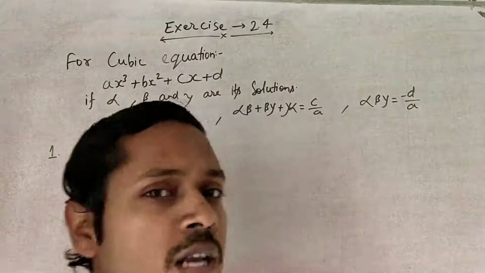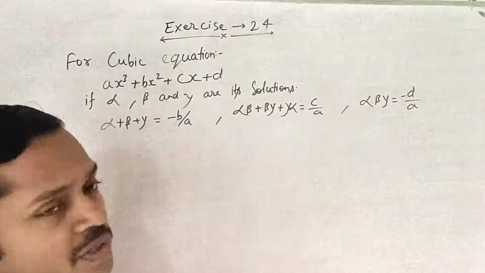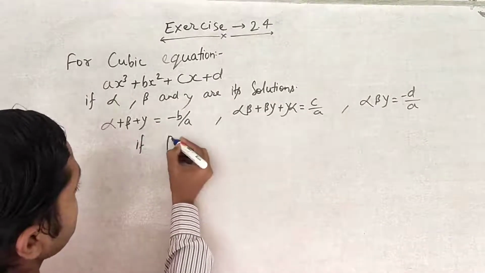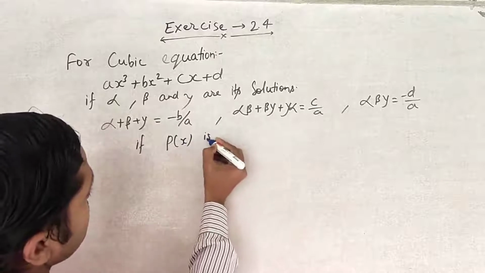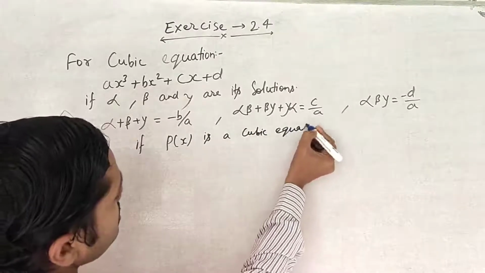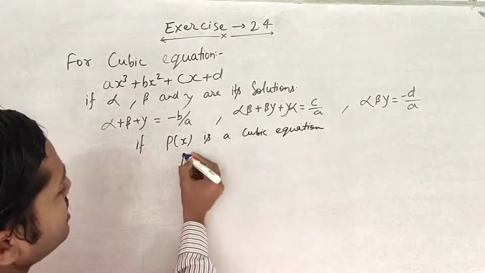Look at there. Now we are observing another formula. What is written there? If P(x) is a cubic polynomial, then what is the formula?